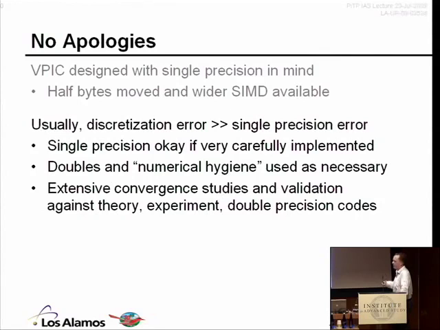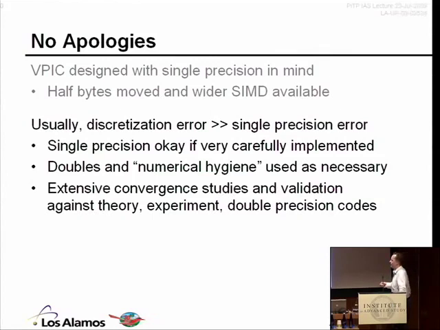And to give you an example of that, as I mentioned before, like the position representation, if you did a conventional representation of your positions in single precision, you'd find all sorts of weird numerical artifacts within your code. And that doesn't mean that we're religious about single precision. In places where it doesn't matter for performance, in places where there are already existing techniques for cleaning up arithmetic errors, for example, Marder passes for doing divergence cleaning, we use those as necessary.